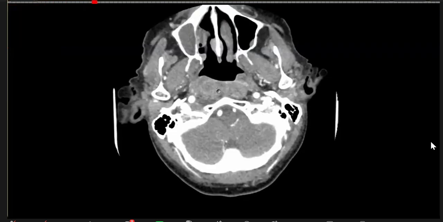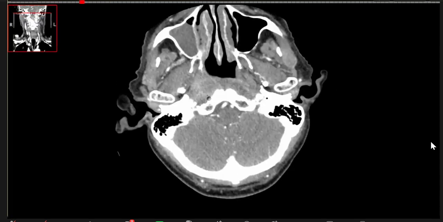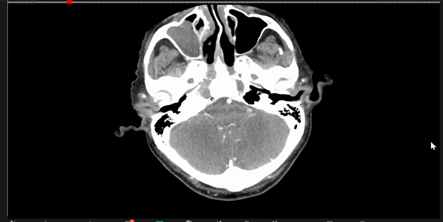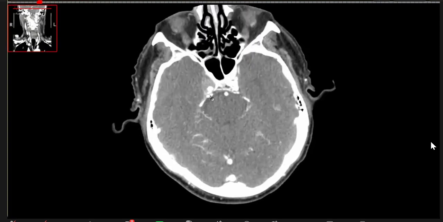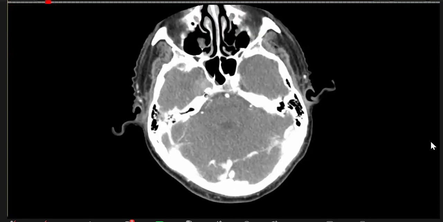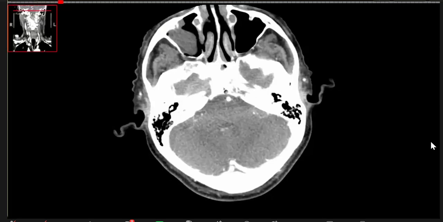I'm trying to delineate whether the carotid artery and jugular vein are involved. So just conclude the case, please. Okay, there is an extension into the right cavernous sinus with enhancement and encasement of the carotid artery. And there is a destruction of the anterior portion of the carotid canal.